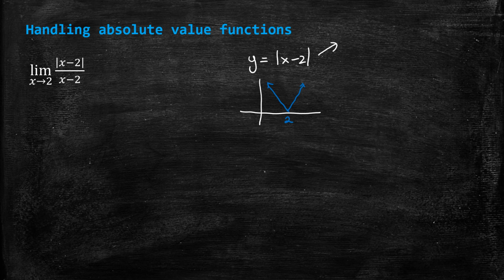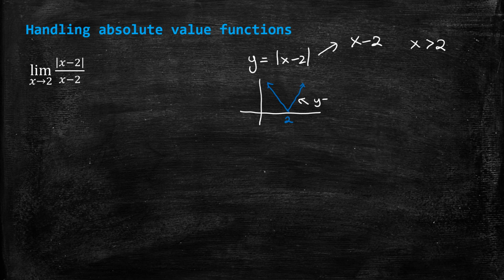So let's think about what the equation of each of these functions are. So if we look at this branch here, this is where x is greater than 2. And if x is greater than 2, then the quantity in the absolute value function is positive, or will be positive for any x value greater than 2. So we don't really even need the absolute value there. This will automatically be positive.